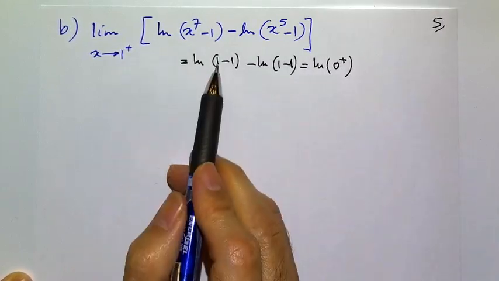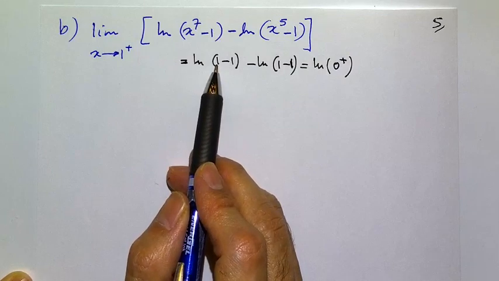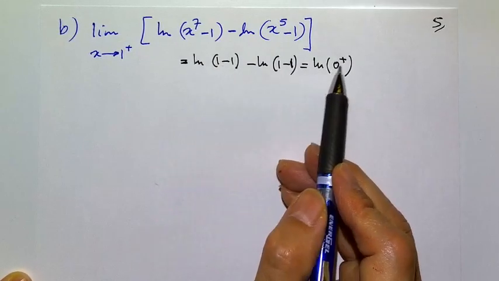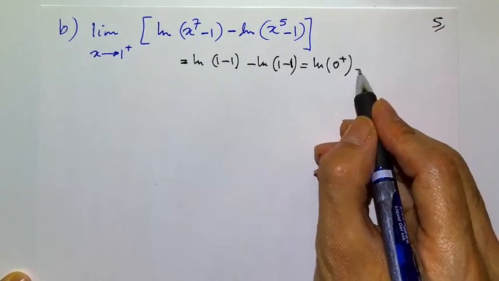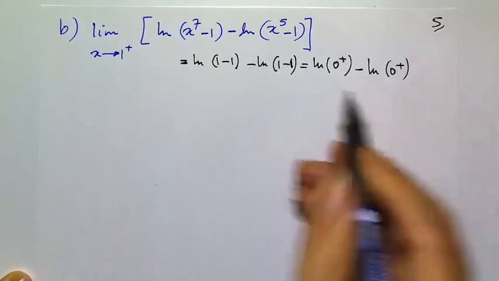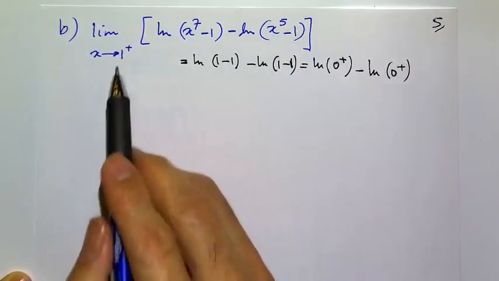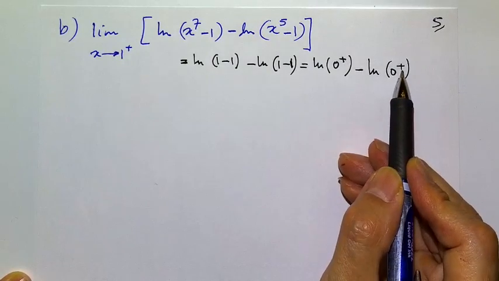Because this number would be slightly larger than 1, so the difference would be positive. So we're approaching 0 from the right-hand side, minus the same scenario in this other piece, approaching this result as we take the limit, approaches 0 from the right side.